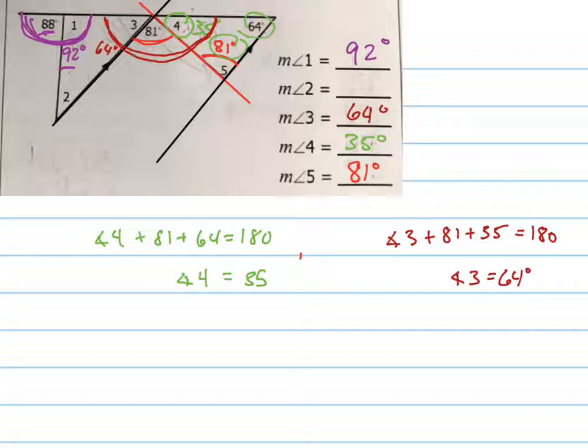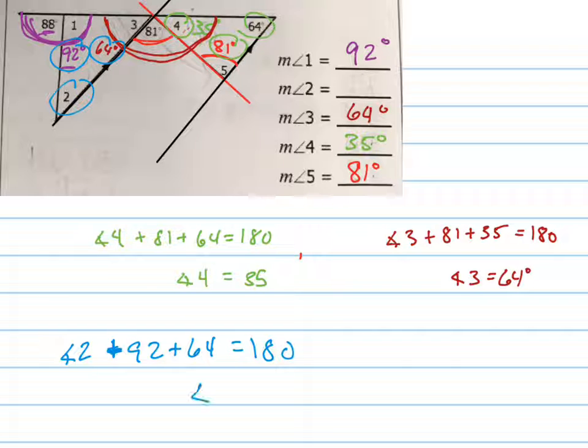And how do I find angle 2? 180 minus 92 minus 64. All of those have to add up to 180, right? So angle 2 plus 92 plus 64 equals 180, which means angle 2 equals, what do we say it equals? 35?